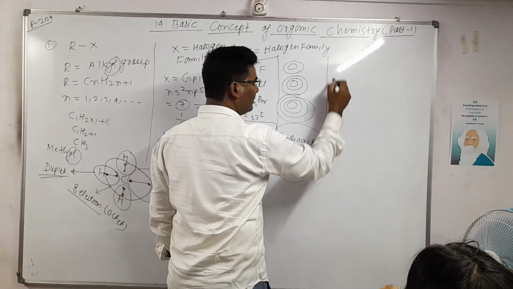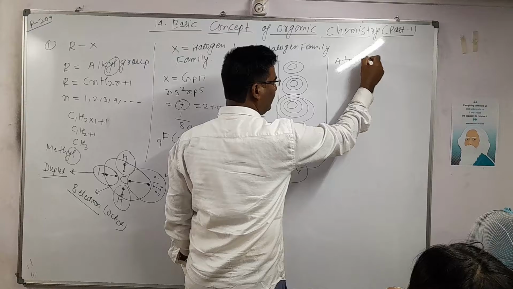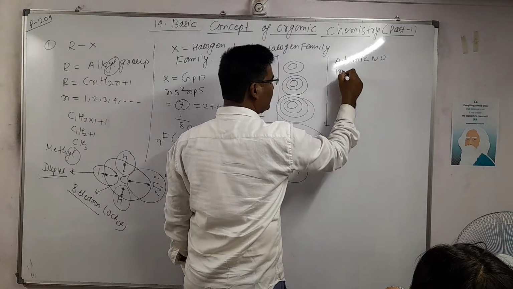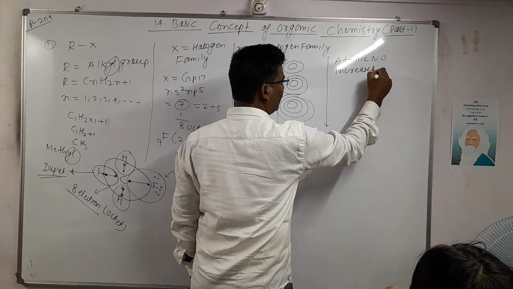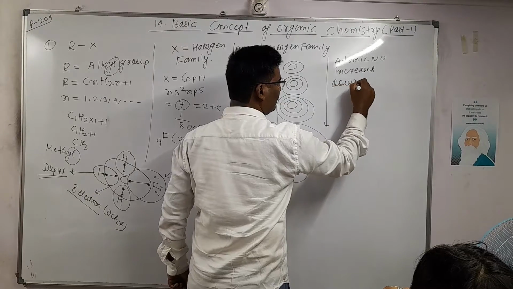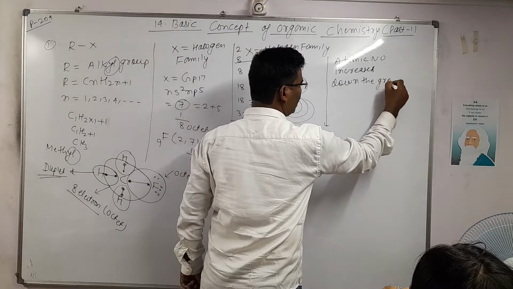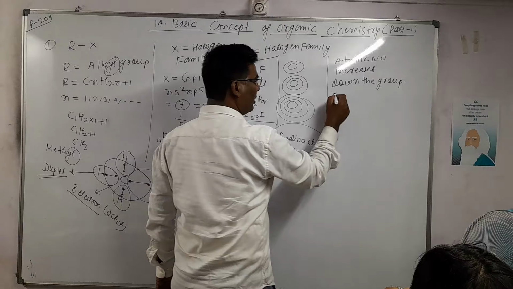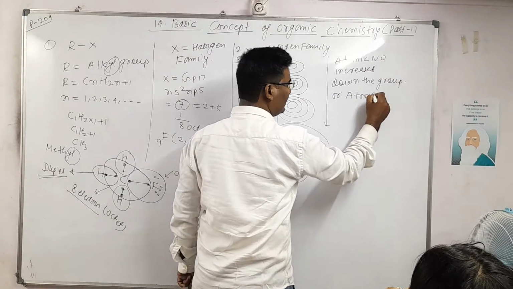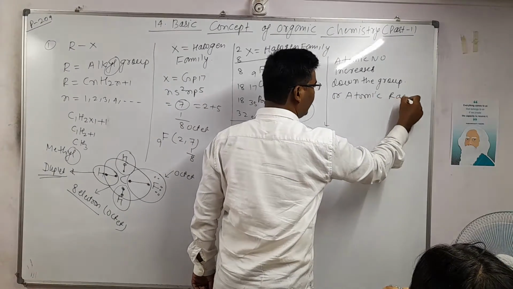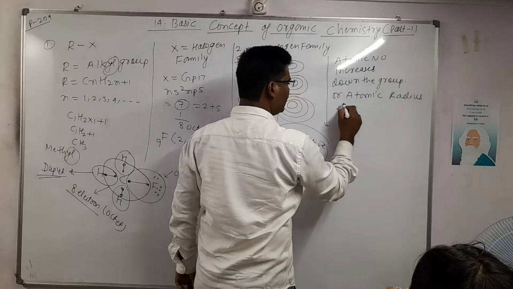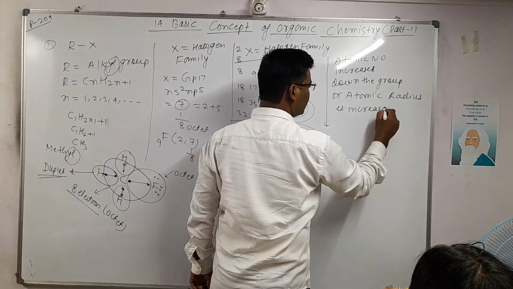So you can write here: atomic number increases down the group, or atomic radius increases.